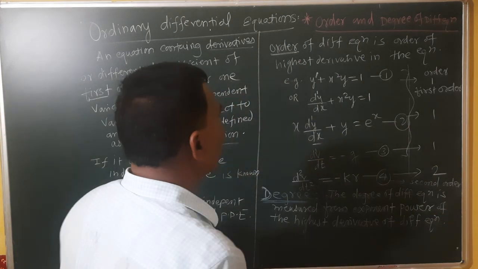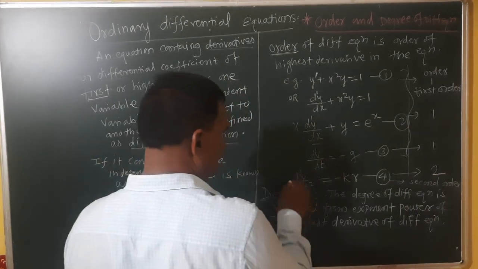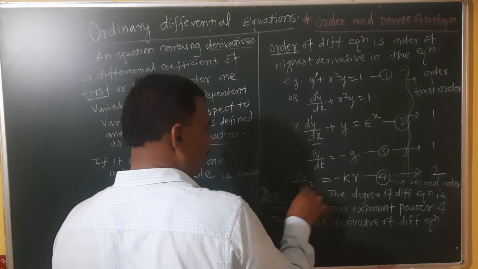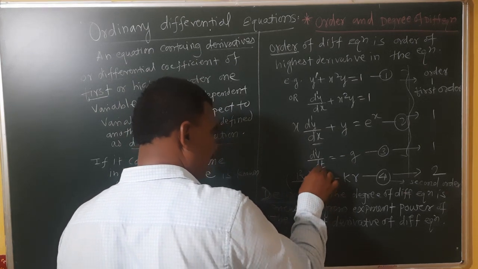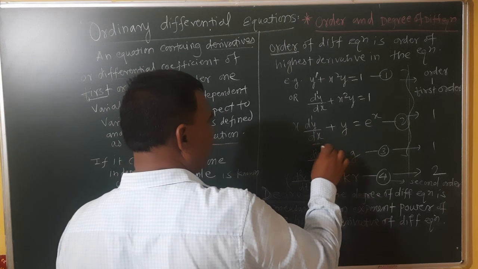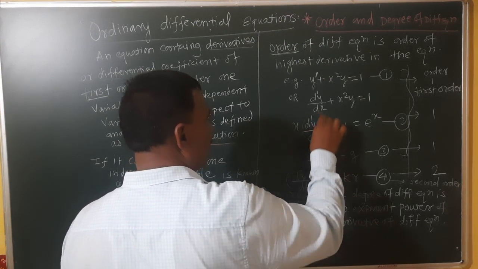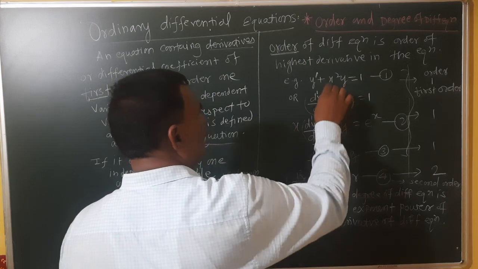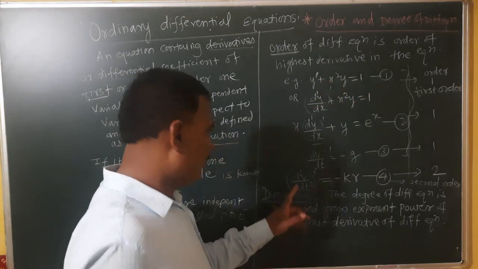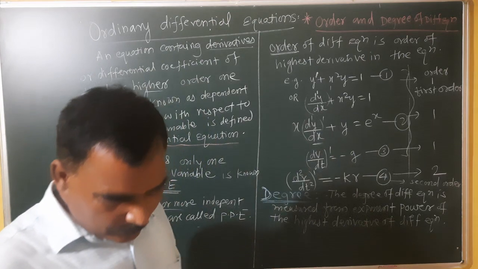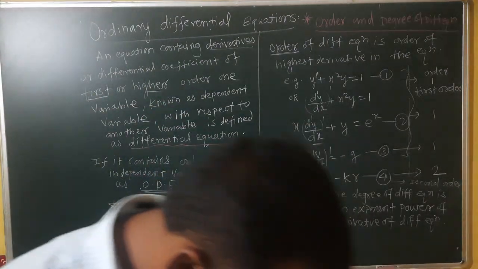Now here this is a first order differential equation, this is also first order, and the degree is what? The degree is 1. Again here we write that this is a first order differential equation, degree is 1. First order differential equation, degree is 1. Second order differential equation, but the degree is 1.